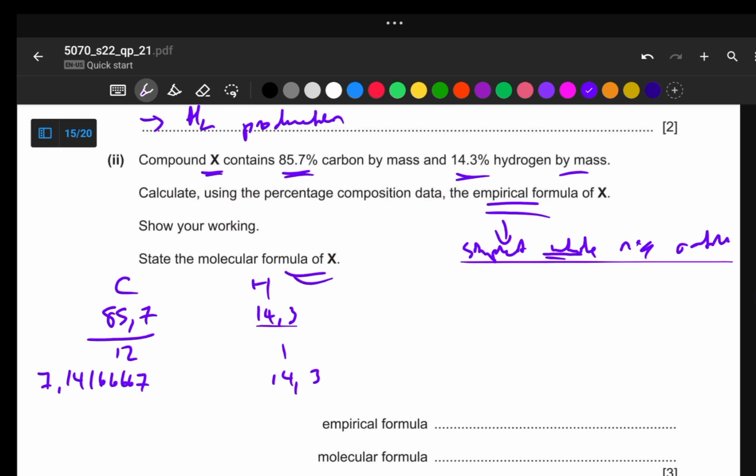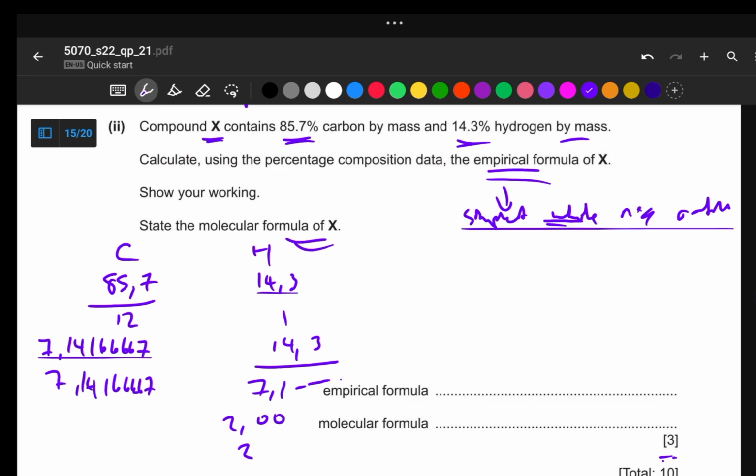We are going to divide with the smallest, and this one obviously is going to be the smallest, right? We store this one as A, and we say 14.3 divided by A to give us 2.00, which is simply 2. So the empirical formula is going to be CH2, right?